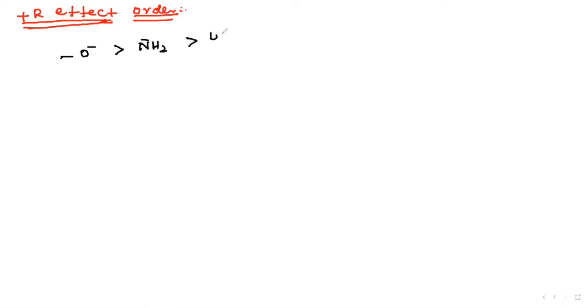The plus R effect order. Listen, almost plus R and plus I are the same, and minus R and minus I are the same. But note, now see, the important one I'm going to discuss. First O minus, then NH2 minus, very important, and OH minus, and OR minus, then NH lone pair, right?